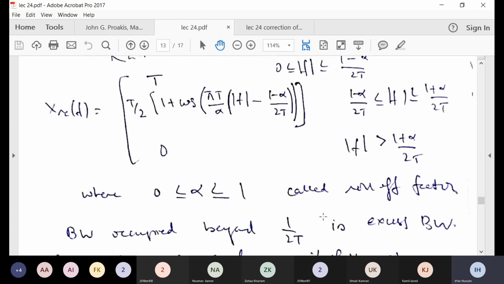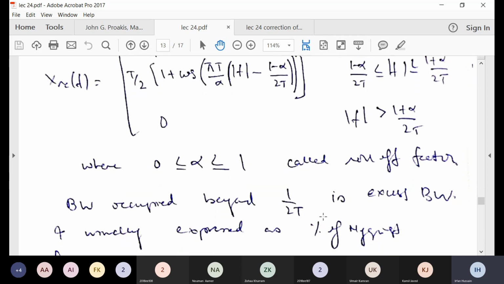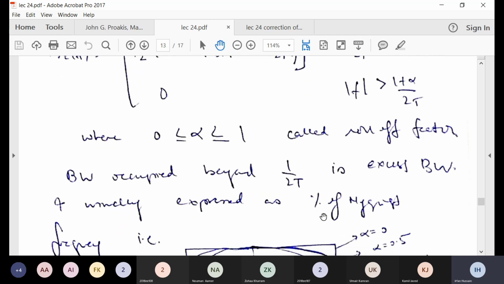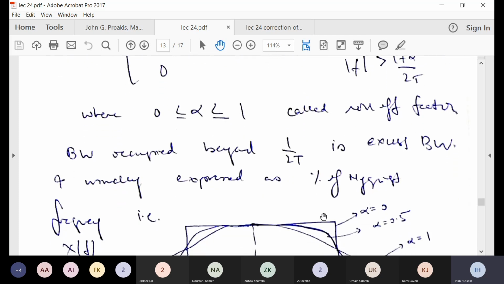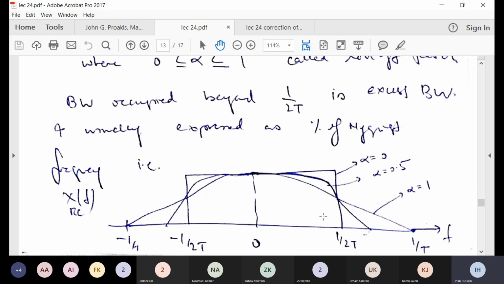So alpha could vary from 0 to 1. Any bandwidth that is occupied beyond 1 over 2T will be called the excess bandwidth, and the Nyquist frequency. For alpha equal to 0.5, you can see this will be the response.